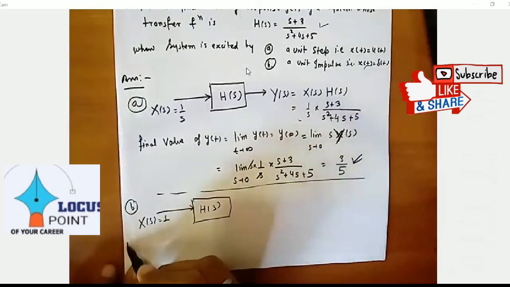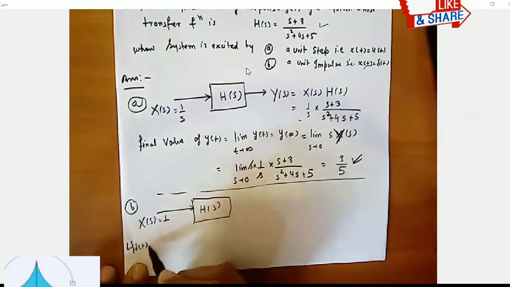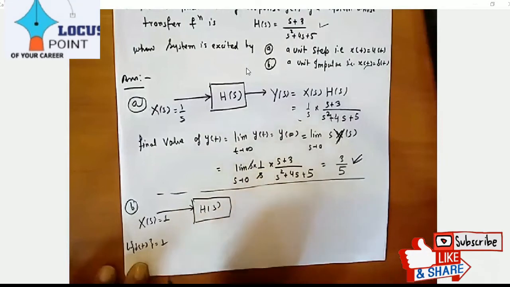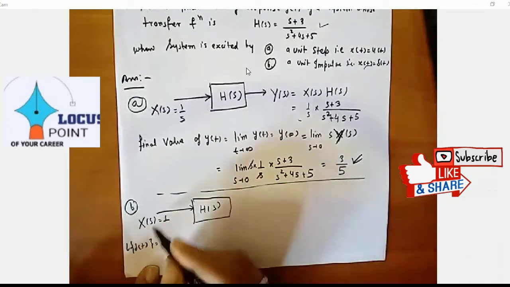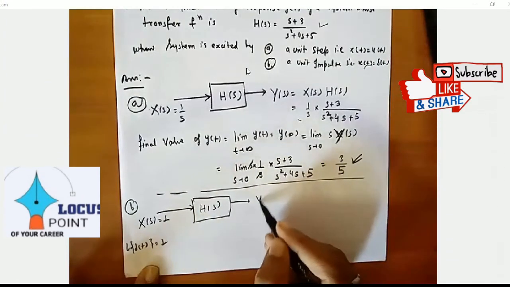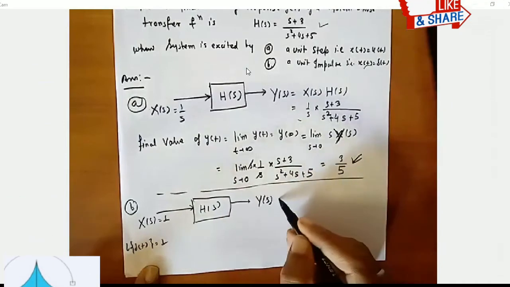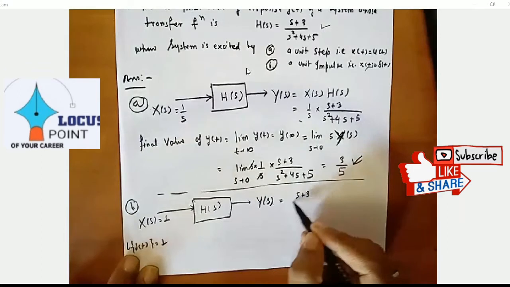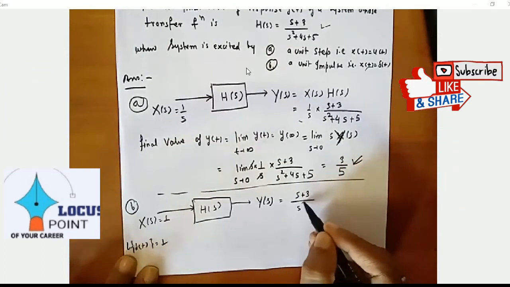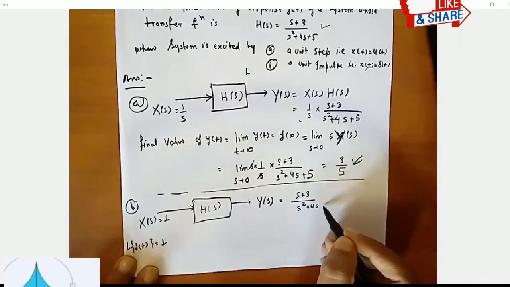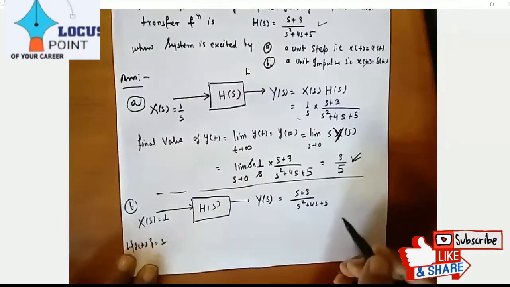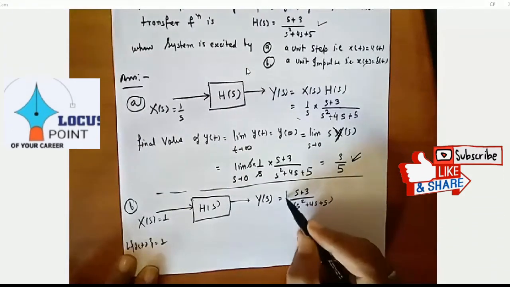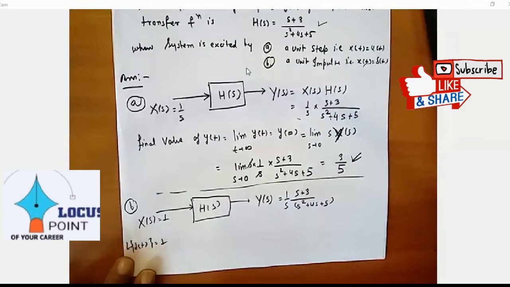I have proved that one, please take your previous notes. So Y(s) is nothing but 1 into this, that is (s plus 3) divided by (s squared plus 4s plus 5).